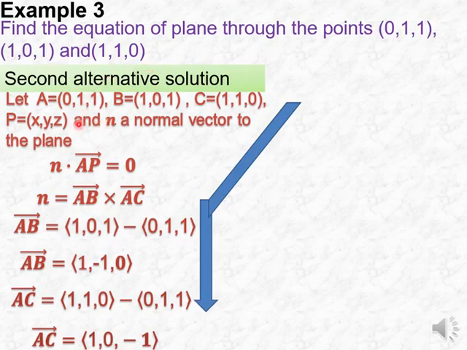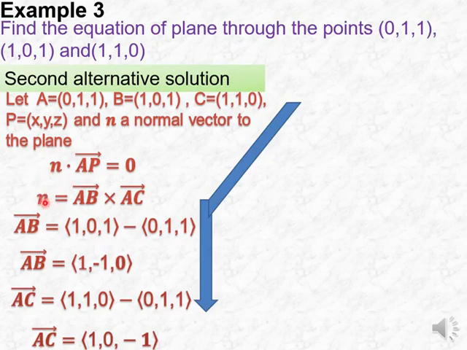And once I get that vector which is normal to a plane, maybe vector n, I'll dot n times vector AP, which is equal to 0, where in AP I will have used a point x, y, z, that's for any point on the plane. So if I get a normal vector times vector AP, I should get the equation of the plane.